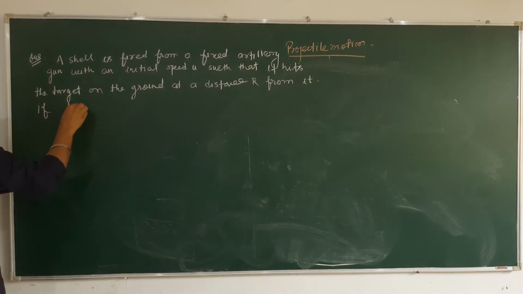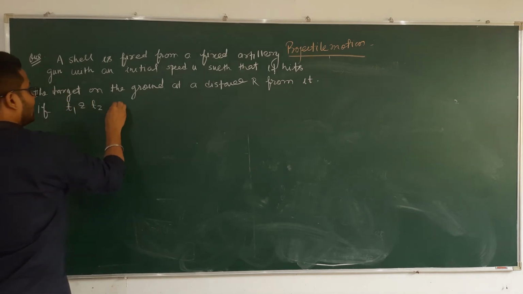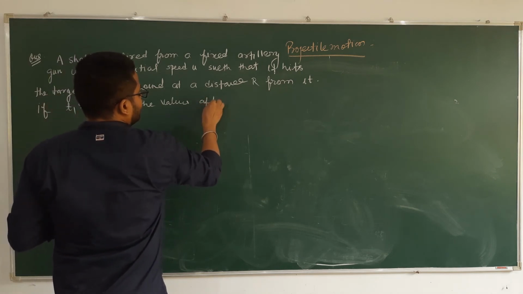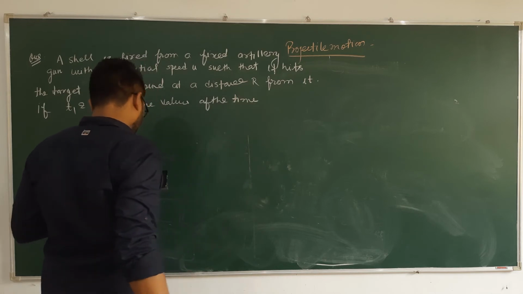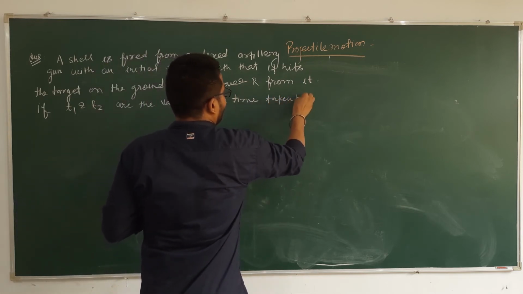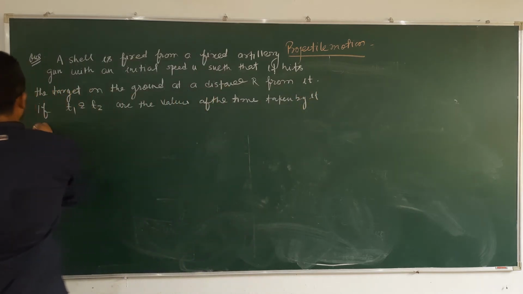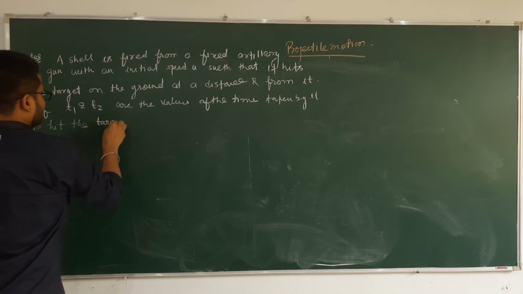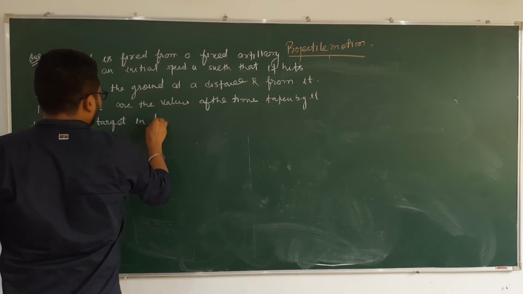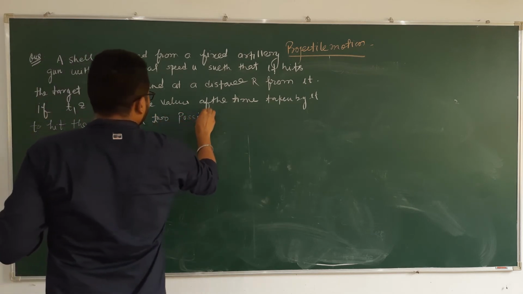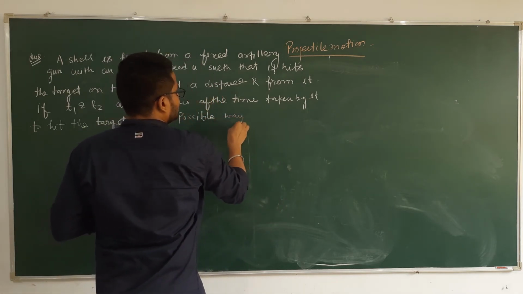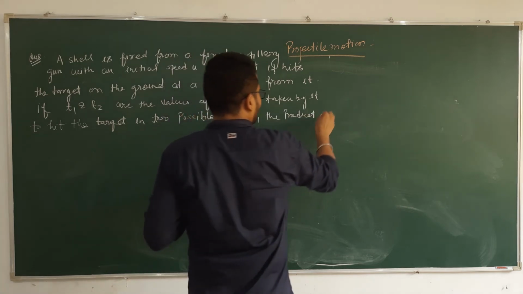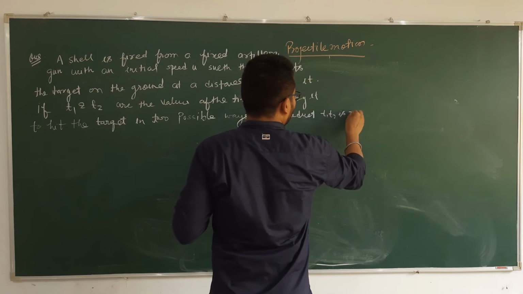If t1 and t2 are the values of the time taken by it to hit the target in two possible ways, what will be the product t1 t2?